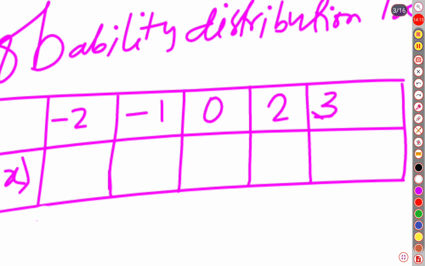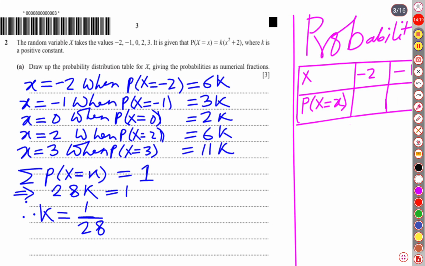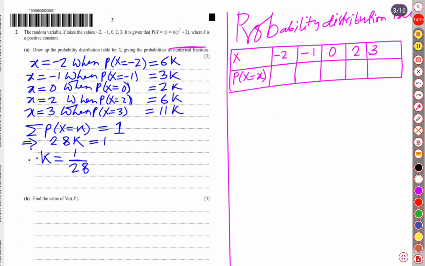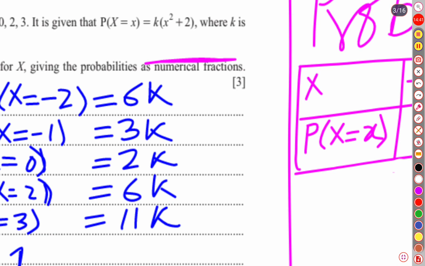Now we will write the probabilities. Look, in the question they have told us to write numerical fractions, so we don't need to find the decimal value; the exact value should be written. We don't need to round it up to 3 significant figures. So the first one is 6k, which means 6 over 28.